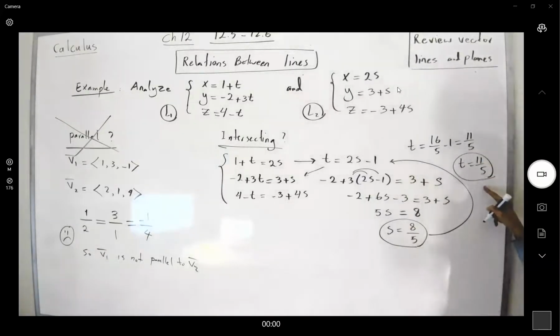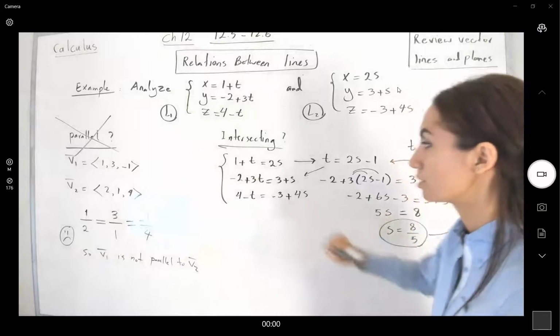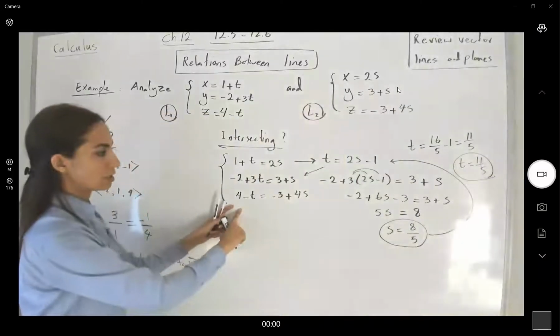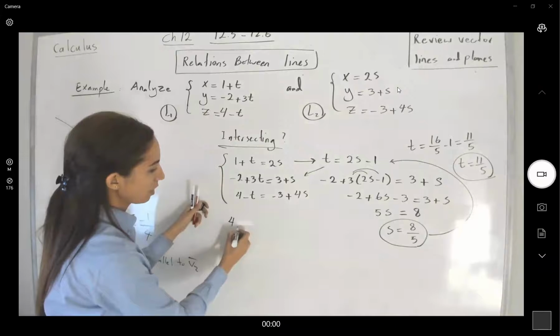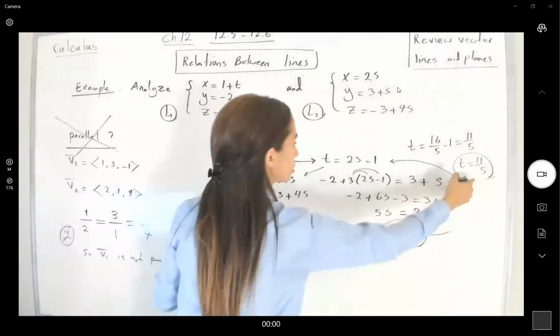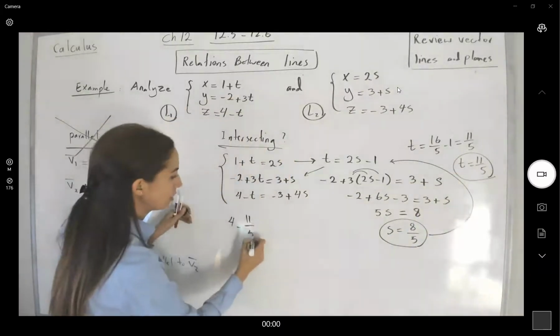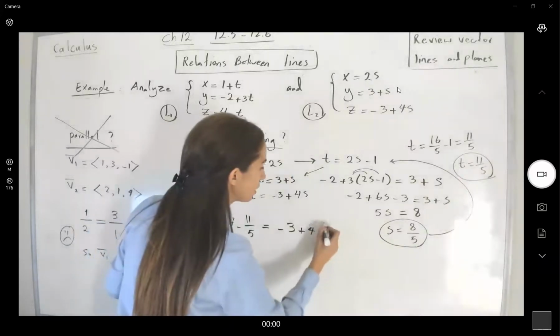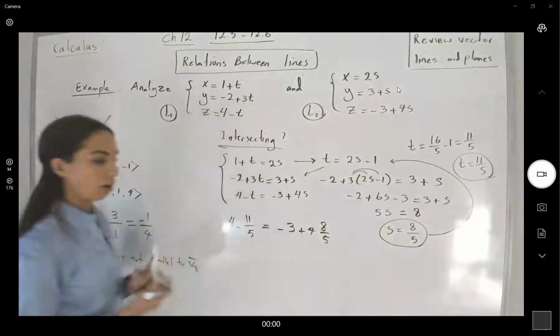Now that we have s and t, they need to satisfy the last equation. The last equation says 4 minus t, which is 11 over 5, must be equal to negative 3 plus 4 times s, 8 over 5.